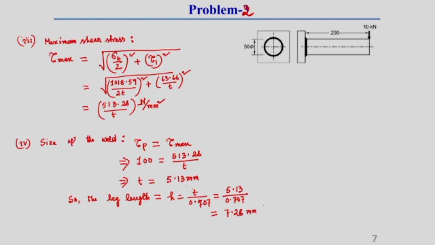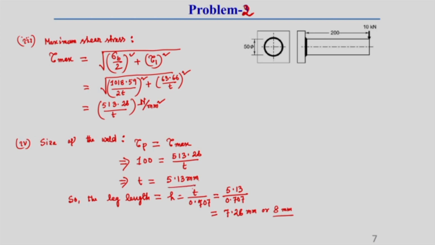We can consider the next full digit, that is 8 mm, because if we consider a little bit higher dimension of leg length, then our structure will be more safe, correct. That is why we can consider. So, this is the leg length and this is the throat thickness.